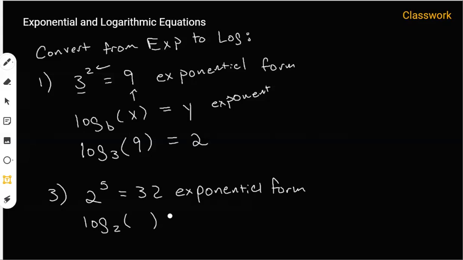Now the exponent, which is 5, is just going to show up on the other side. So I put the 5 on the other side of the equal sign, and on the inside, I have the only number left, which is 32. I like to call that my result, because I know that 2 to the 5th power is going to give me 32.